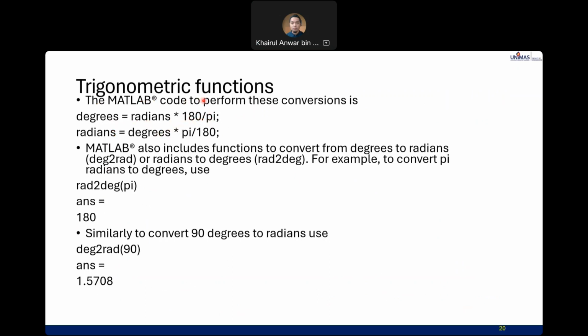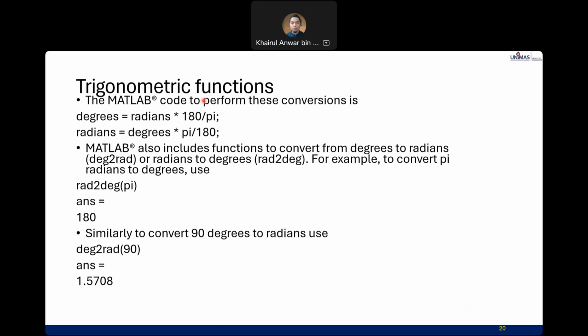Refer to page 91. MATLAB includes several sets of the standard trigonometric functions and the hyperbolic trigonometric functions, as is standard in most computer languages and in common mathematical usage. Most of these functions assume that angles are expressed in radians. So in MATLAB, the angle is expressed in radians.